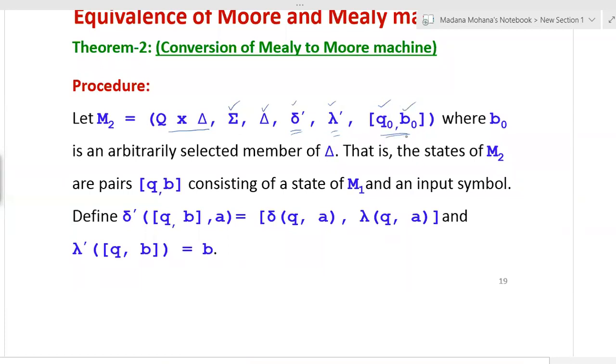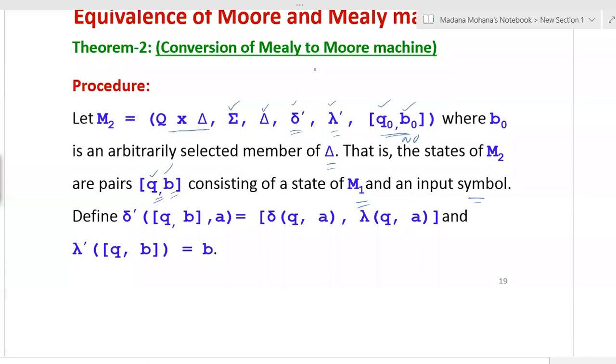Here B0 is an arbitrarily selected member of the output alphabet, so you can choose any one alphabet from it. The states of M2 are pairs. In our equivalent Moore machine, all states are considered as pairs, a combination of a state of M1 and an output symbol.